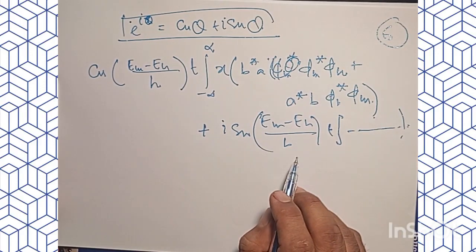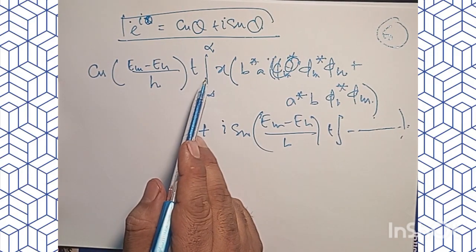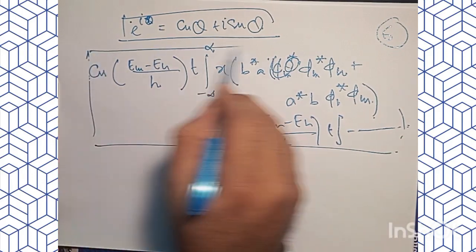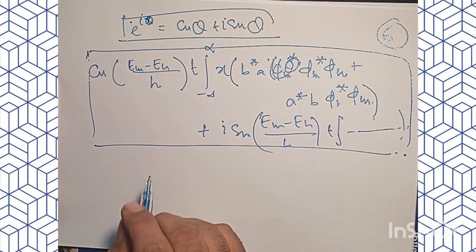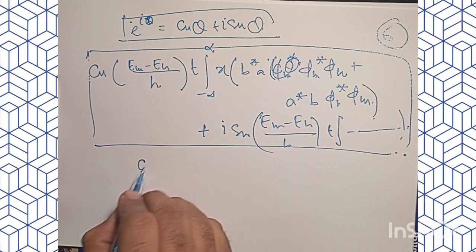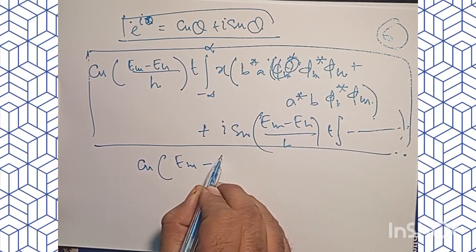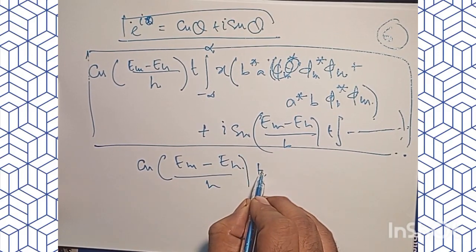Now what we are interested in is the real part of this whole thing that we have obtained. If I take the real part, that will be this cos of (Em minus En) by h times t.